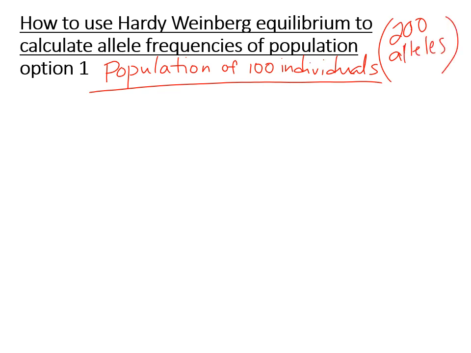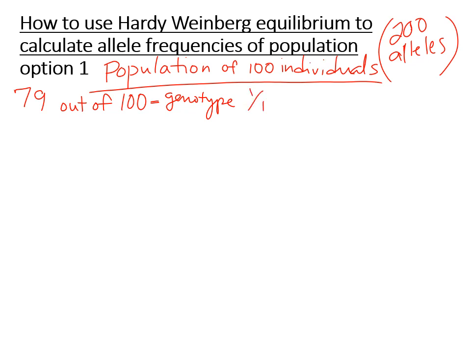Okay. So I'm going to write out the frequencies of the 3 different genotypes. We have 79 out of 100 people in this population with the genotype 1, 1.